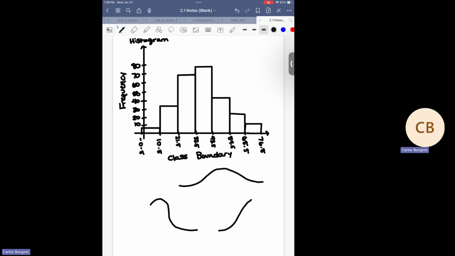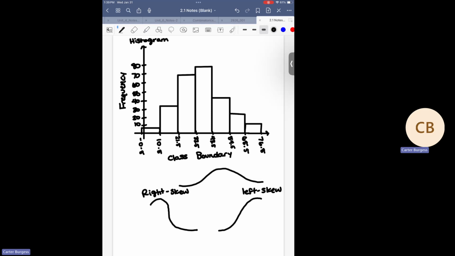And then maybe we have distributions like this, where most of our data is on the right-hand side. And this one is called right skewed. And this one is called left skew, which is a little bit weird.